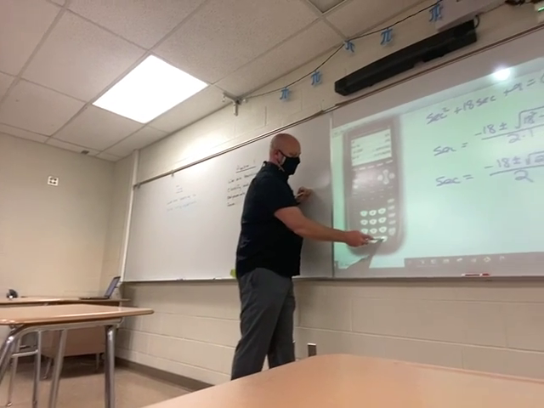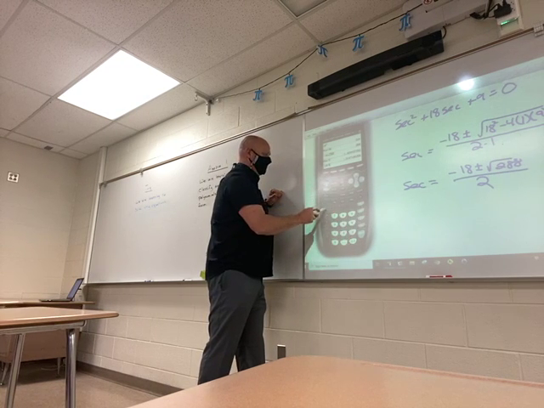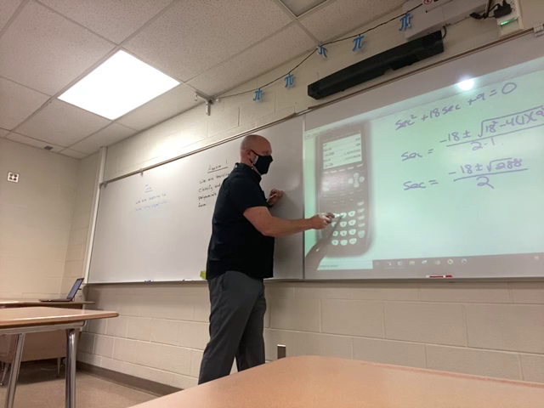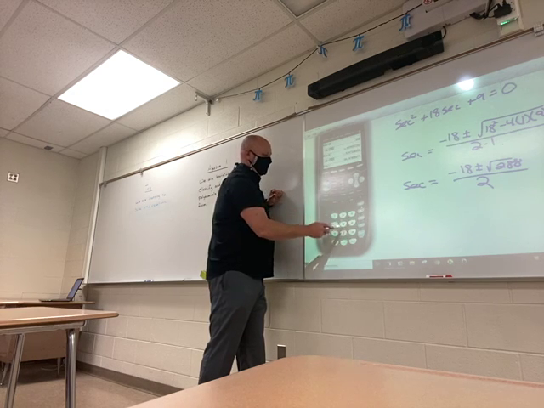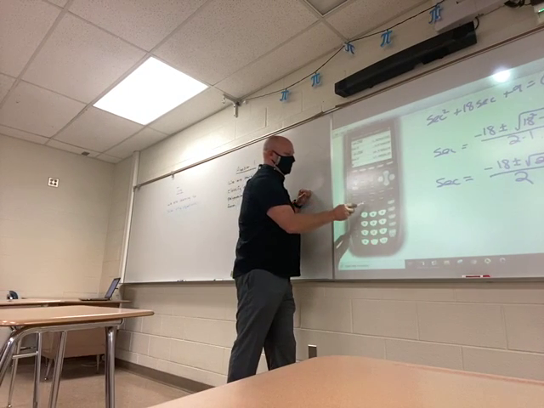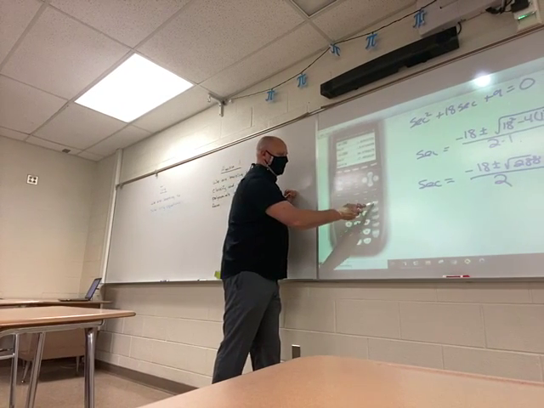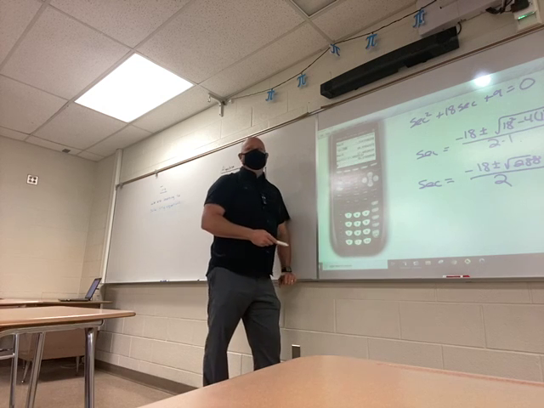So all I have to do is negative 18 minus now the square root of the 288, divide that by 2. Okay, negative number. I'm inverse cosining the reciprocal of a negative. So second and third quadrant, right?